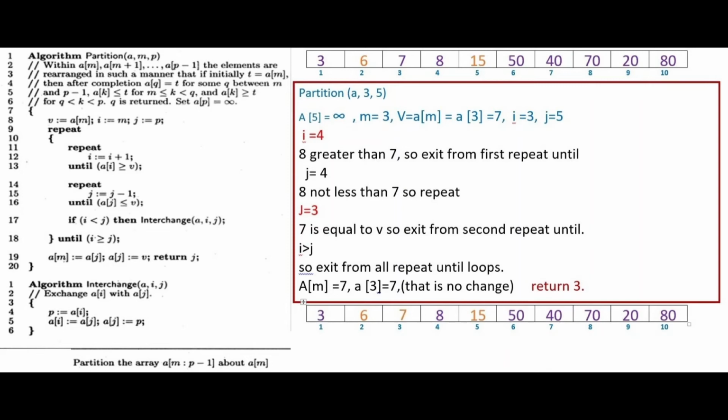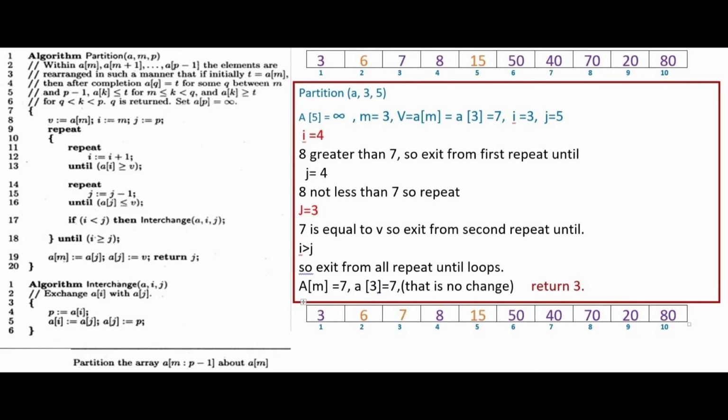Then second repeat until, j is equal to j minus 1. J is equal to 4. A of 4 is 8. 8 is not less than 7. So repeat the process. J is equal to j minus 1. J is equal to 3. 7 is equal to v.